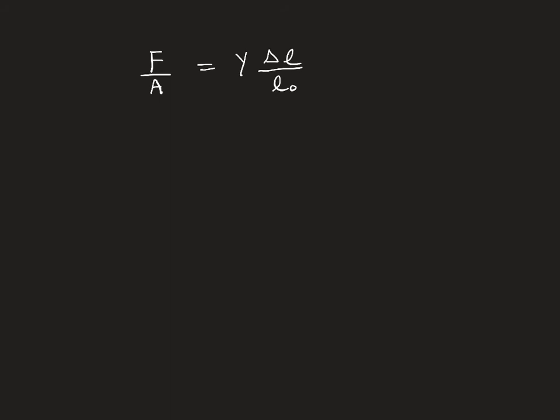So I'm going to rearrange this so that the change in length over the original length, and we're going to label this one tension, because this is going to be due to tensile stress, is going to equal the force per area. Remember, that's the tensile stress. And then we're going to have the Young's modulus in here, and that Young's modulus depends upon the material.